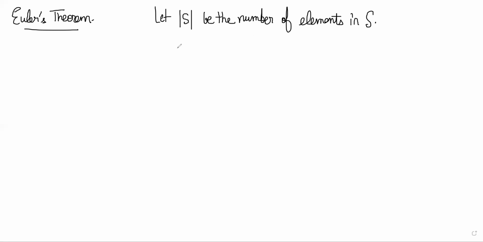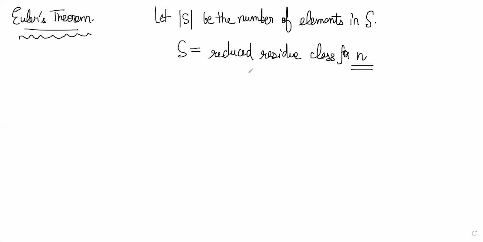Now, S is the reduced residue class for N, and notice that we are using N, not P. Euler's theorem is applicable for N, not only for a prime number.